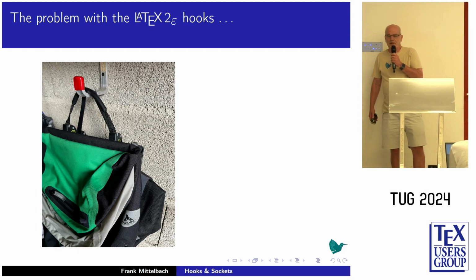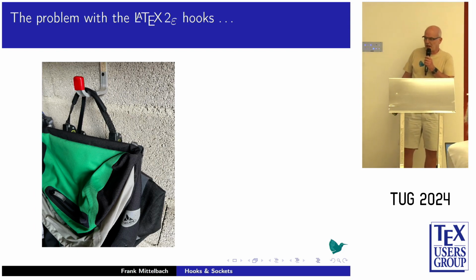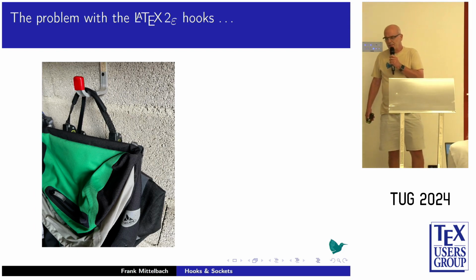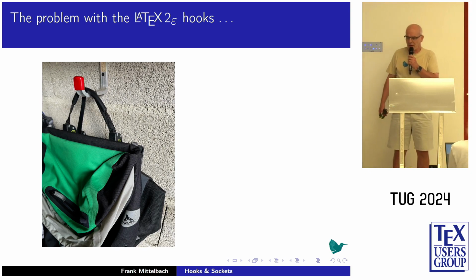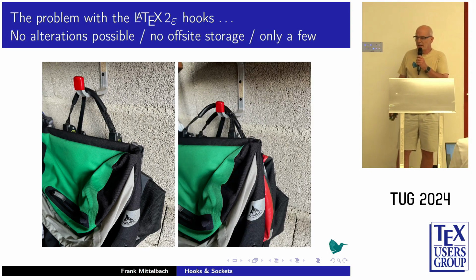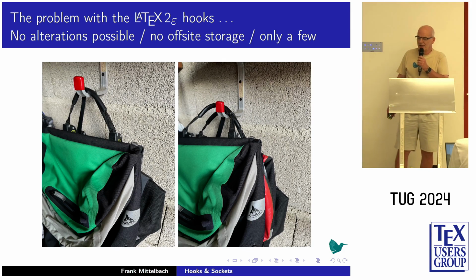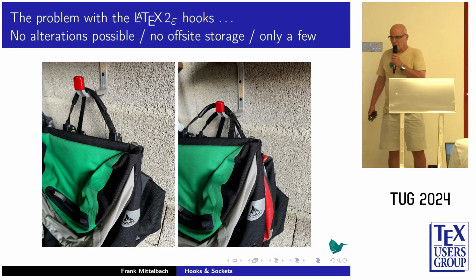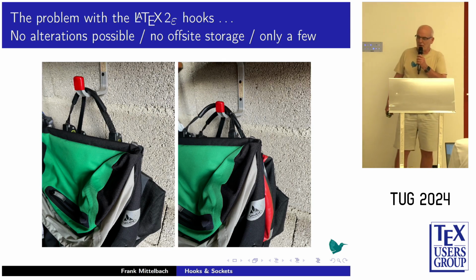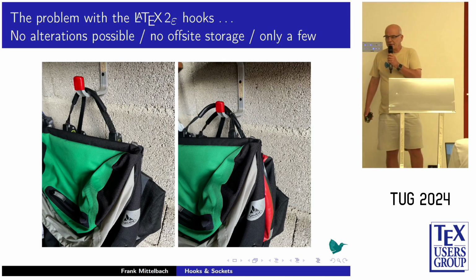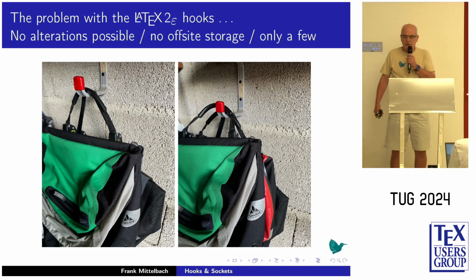What was the problem with the LaTeX 2e hooks? I already said that a bit. Here is my hook with two items, and I want to put an item in the middle, the red one, because I need the green one all the time, and the red one also often, but not that often. I can't do that with LaTeX 2e hooks.